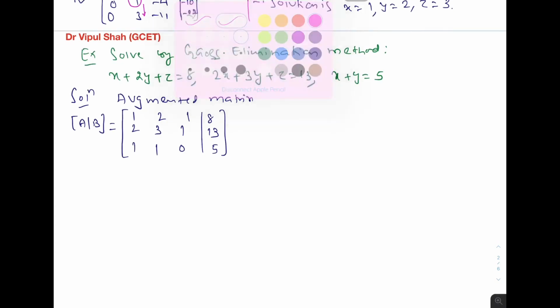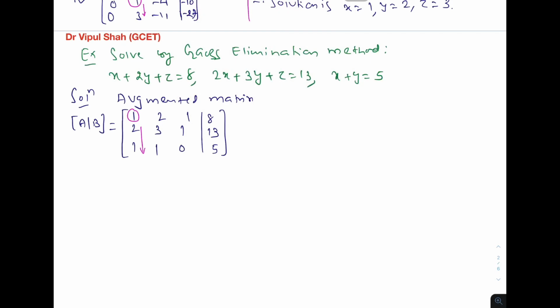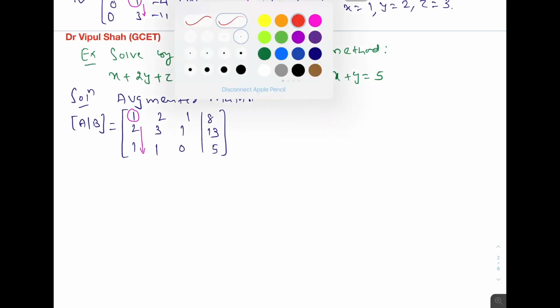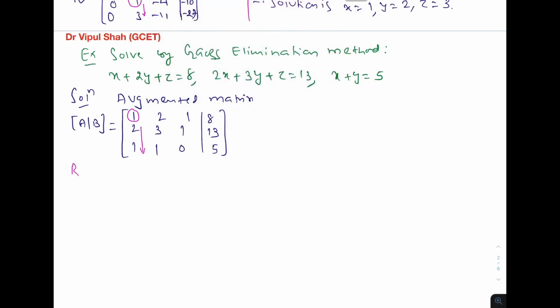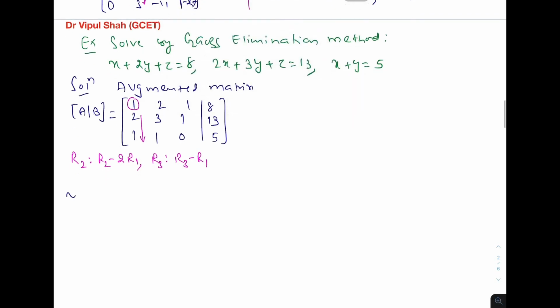Now here we have 1. Make the entry below it to be 0, so let us make that entry 0 by applying R2 minus 2R1, and R3 minus R1. Okay, so we have 1, 2, 1, 8.